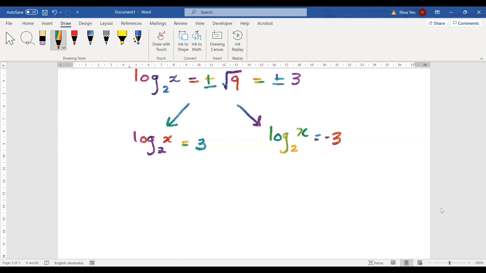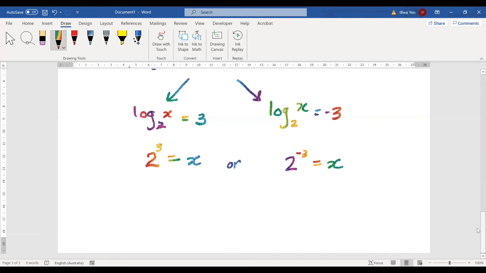Now, the base is 2 here, so I'm going to write 2. That's my power, equals x. That's my answer, solution here. And same thing here, my base is 2, my power is 3, equals x. So they both are x values.